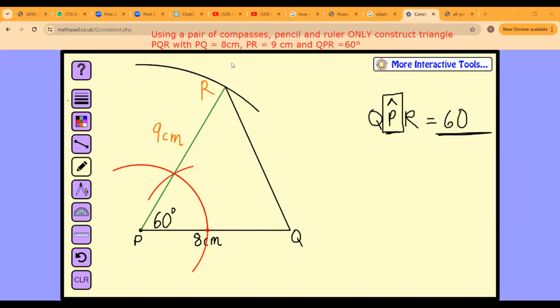And according to the question, how long should line PQ be? 8 centimeters. By the way, if you finish with this drawing, take a picture of it and send it to me via WhatsApp. I need to see everyone's work, including Akiro, Ajani, Angel, and Jasmine Moss.